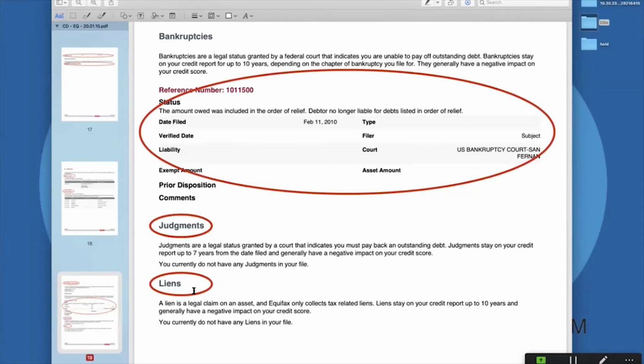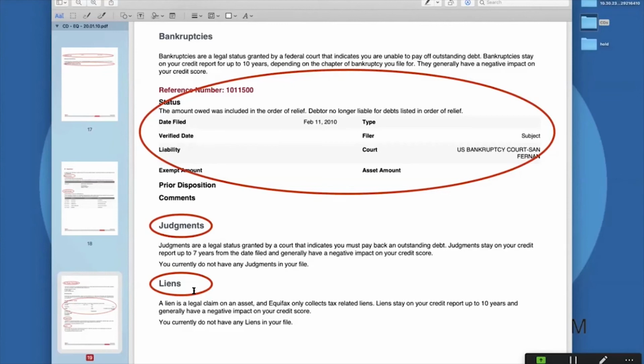LexisNexis collects the data from the courts. If there's not enough data in the actual court document, LexisNexis can't literally say it's a judgment, right? There have to be 5 points that they need in order to be able to report an account.